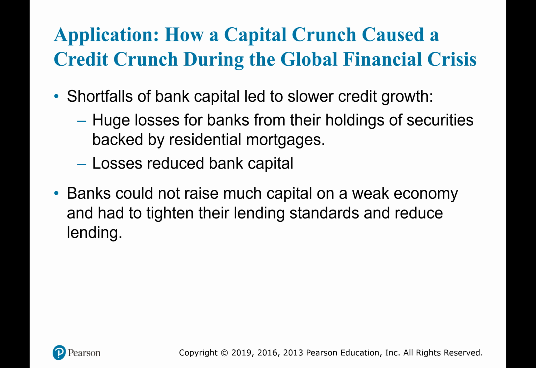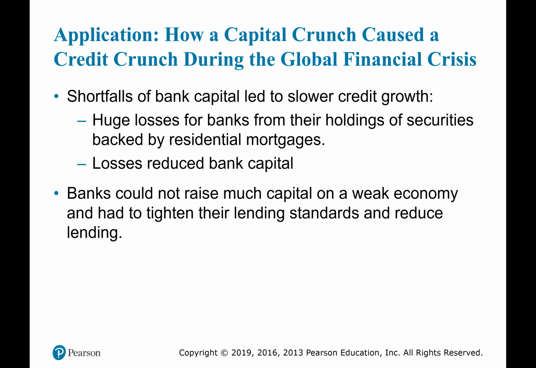How a capital crunch caused a credit crunch during the global financial crisis. So shortfalls of bank capital led to slower credit growth, with huge losses for banks from their holdings of securities backed by residential mortgages. Those mortgage-backed securities all went belly up, or many of them went belly up. That caused bank capital to lose value. So shares of banks tumbled. A good example of this was the share price of Citibank. It was in the thousands.